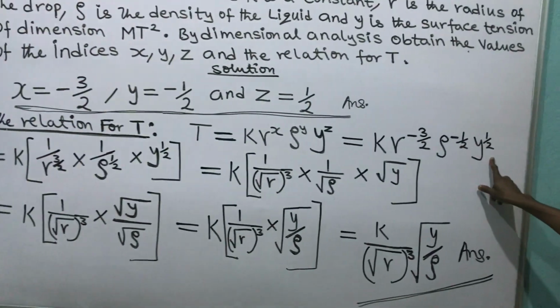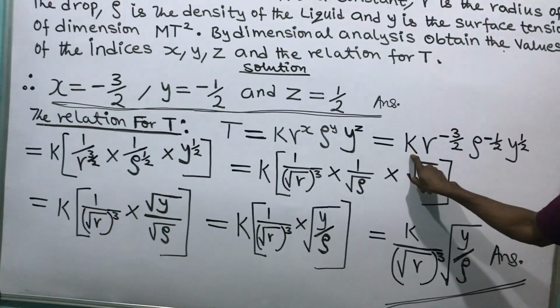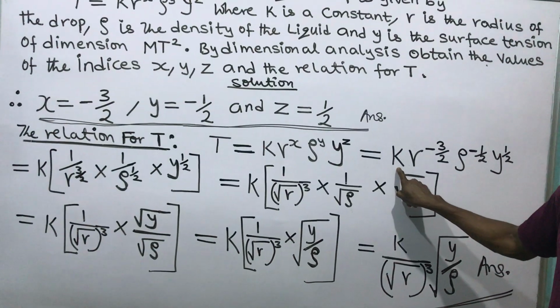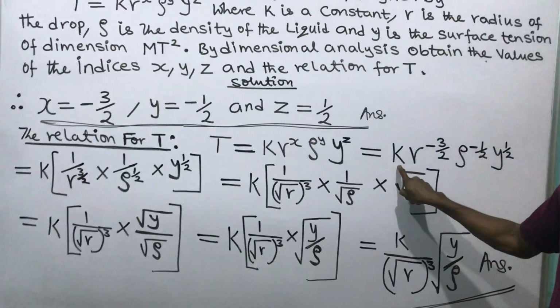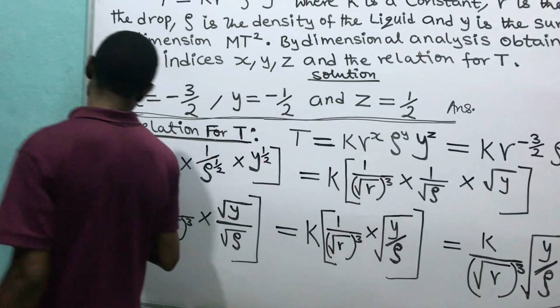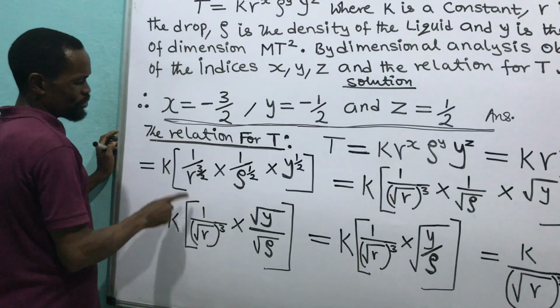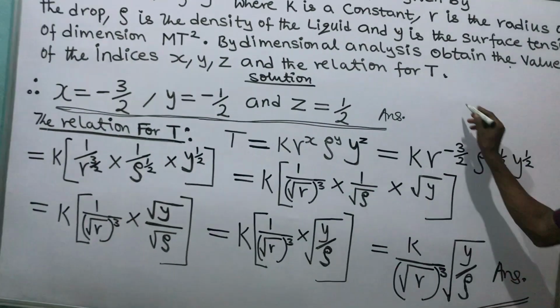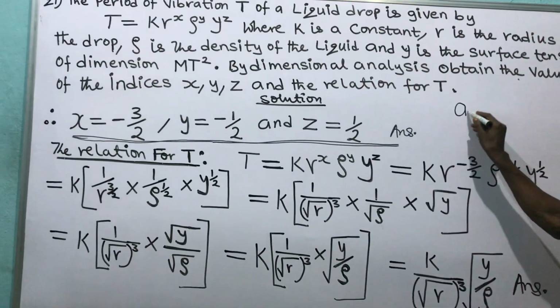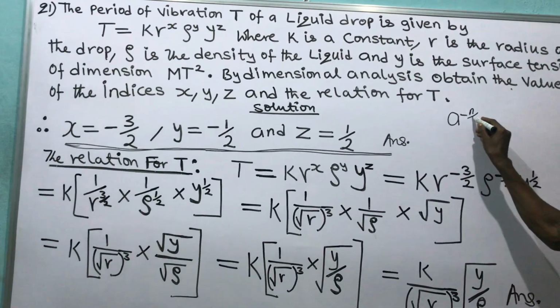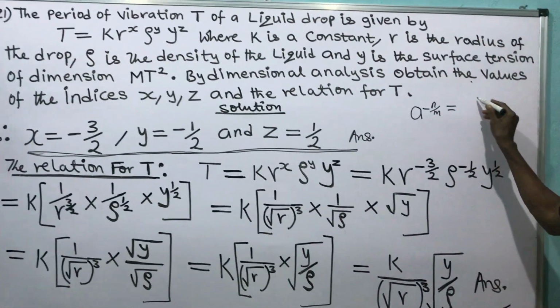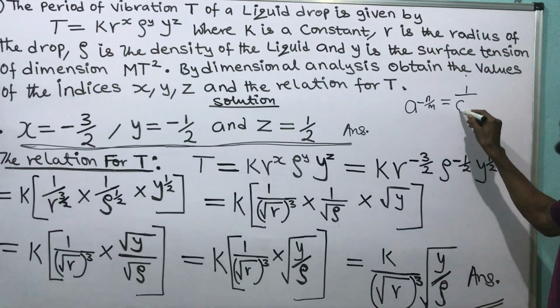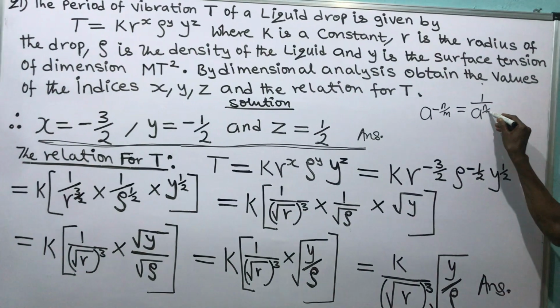Then you remember that this is a constant, it is dimensionless. When we say constant, it means dimensionless. I have to bring them out. And what will happen? This thing you see here, we know that indices told us that when we have minus n over m, this is the same as 1 all over a raised to power n over m.